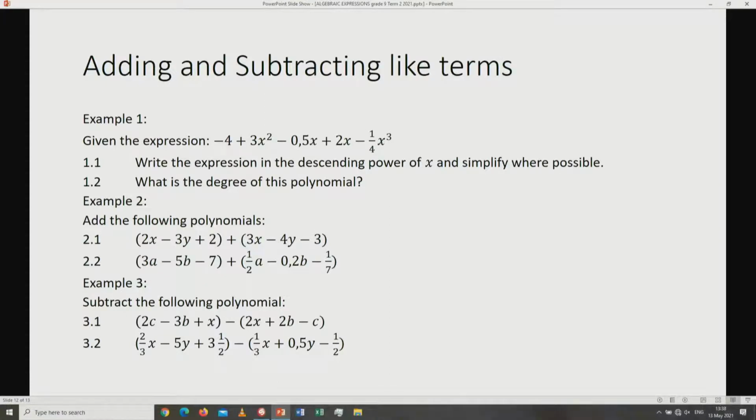Let's check the subtraction. In the subtraction, now you are going to subtract the two terms. When you subtract the two terms, like in the case of 3.1, I'm already going to write them in the form of 2c minus 3b plus x minus 2x plus b minus c.